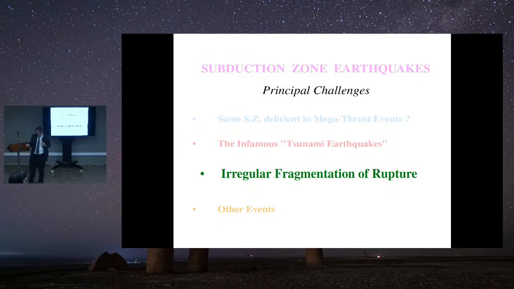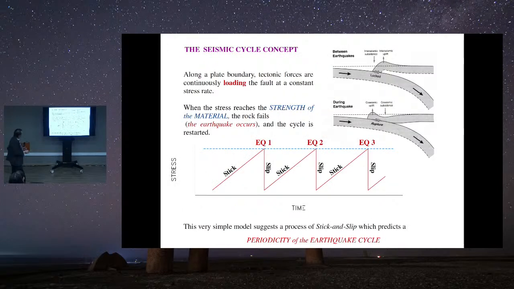That was one challenge. The third challenge is the irregular fragmentation of rupture, the concept that you have a big subduction zone, and sometimes it ruptures in big earthquakes over long faults, and sometimes it ruptures in small earthquakes.